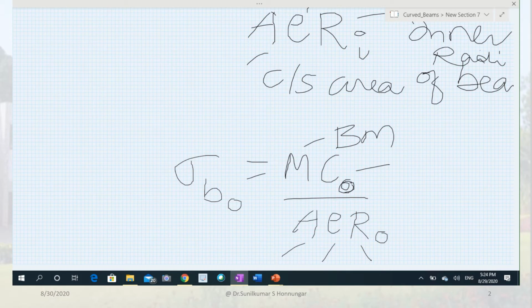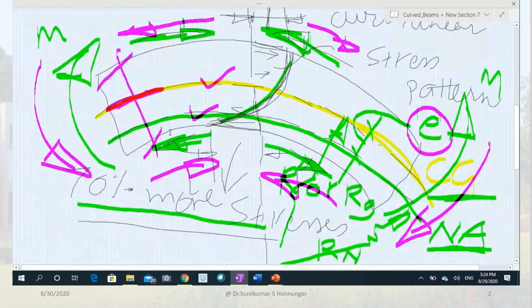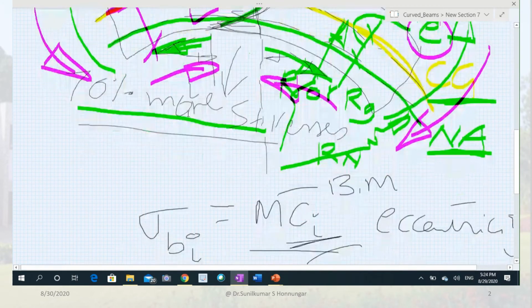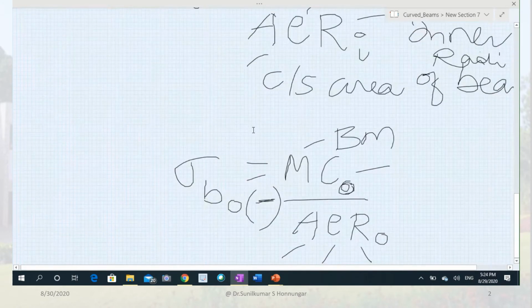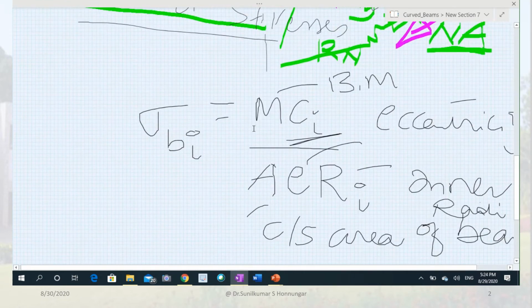So these are the stresses, and depending upon the type of stress, the outer fiber is negative. Why is it negative? For the applied load that I have shown, if you see the green colored one, the outer fiber is going to be compressive, so in that context it is negative, and the inner fiber is going to be tensile.